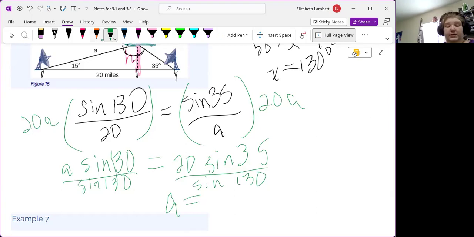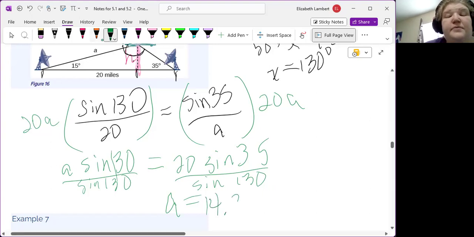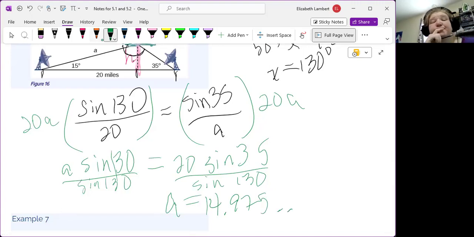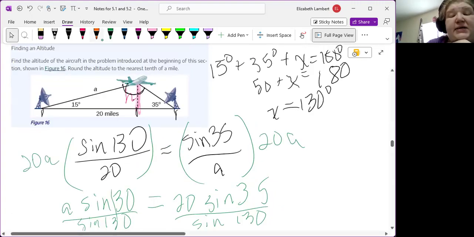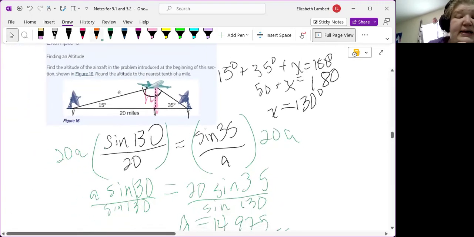Right. 20 sine 35 degrees divided by sine of 130 degrees. 14.975, blah, blah, blah. All right, so that is how long side A is.